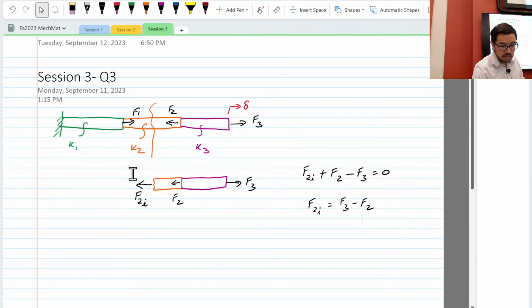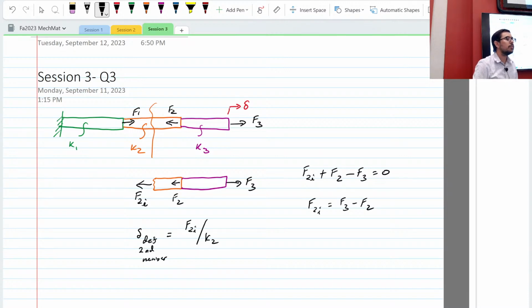So the deformation, we'll call it the deformation of the second member, is just going to be F2i divided by K2. That's what the deformation wound up being.